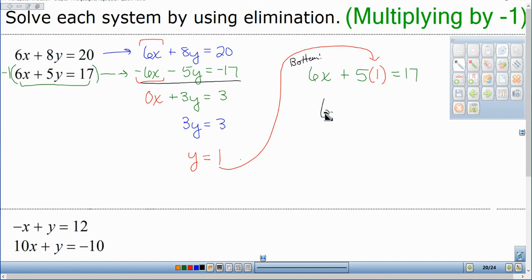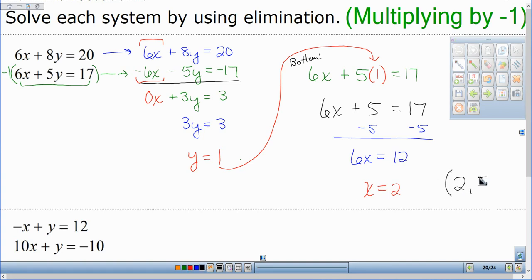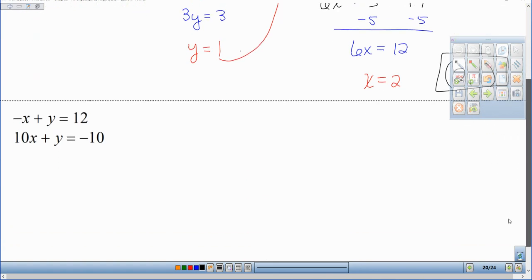And we solve. 6x plus 5 equals 17. Subtract the 5. 6x equals 12. And when you divide, you get x equals 2. Your ordered pair, x goes first, then your y. (2, 1) is the solution to the system.